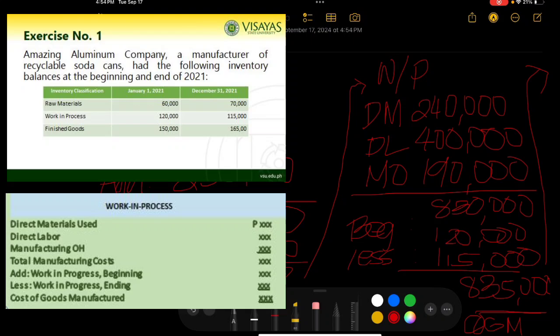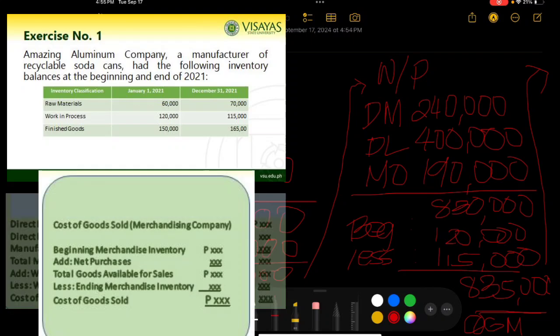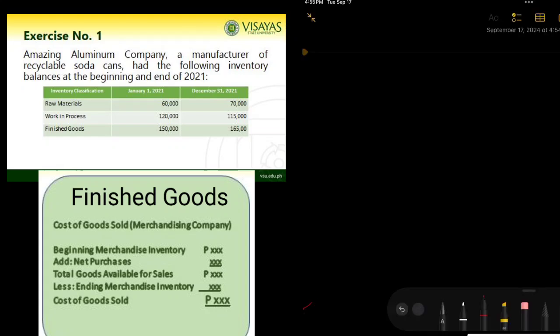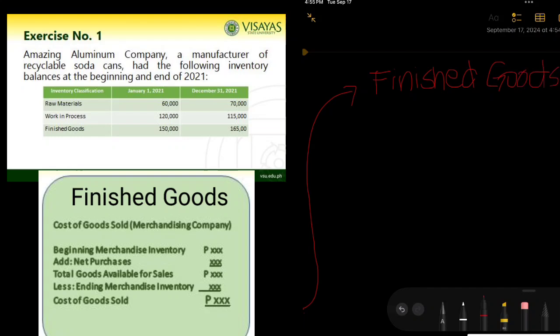So, dadalhin natin yan ngayon dito sa ating finished goods inventory. So, si raw materials may sariling inventory. Si work in process may sariling inventory. Si finished goods meron ding sariling inventory. So, yung target natin dito sa finished goods is to get the cost of goods sold. So, si work in process, yung nakuha natin is the cost of goods manufactured. Sa raw materials, yung nakuha natin is the cost of direct materials.